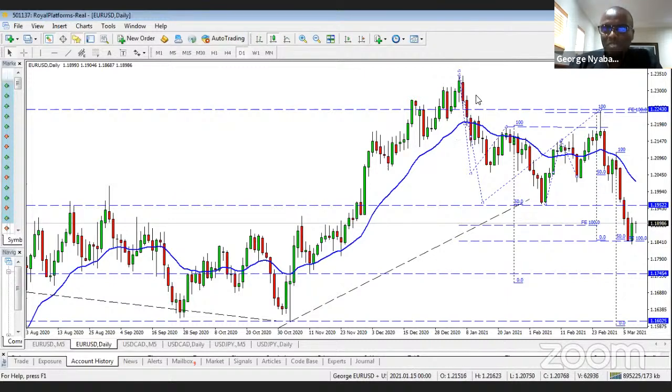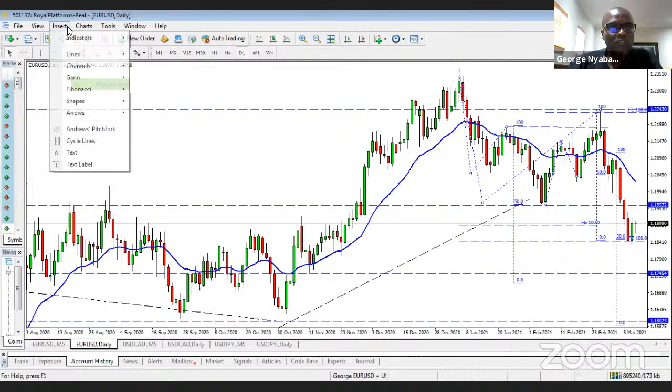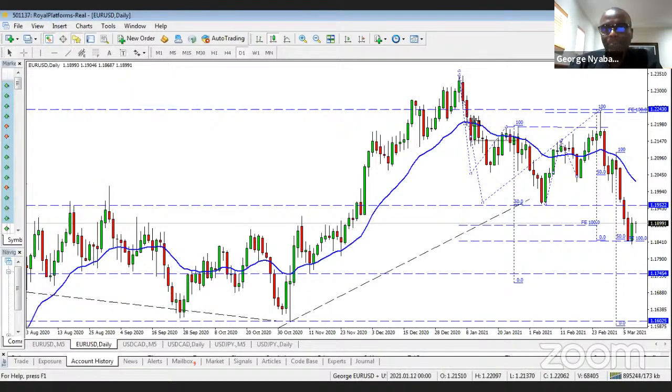At any move, you start to see these two-legged moves. You also start to see your measured moves. So again, if you're taking a trade here, leg one pullback, you would have said to yourself, okay, if the market breaks beneath that, how far is it likely to go? It would have come again to almost this exact point.